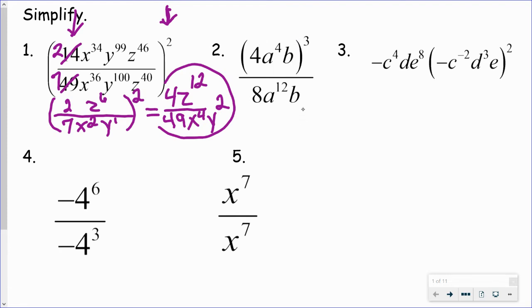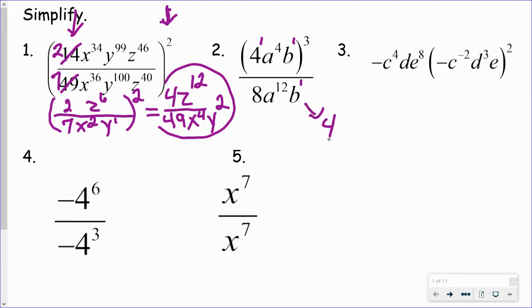So now that becomes 4. Now, if you get confused, you can always put those 1s here in case you forget that that's really something to the power of 1. So when I distribute, I'm going to work on that over here.